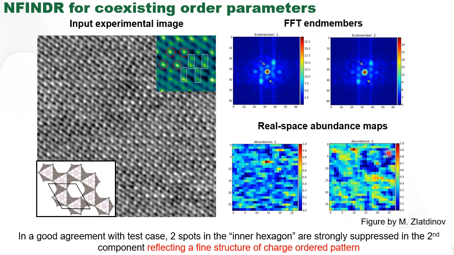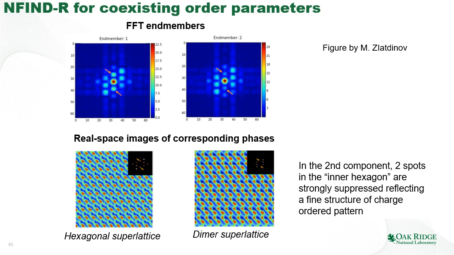And we can create the real space abundance maps, which now tell us the spatial regions in which the certain order parameters are concentrated. And in fact, we can do the inverse Fourier transform and find out what the structural representation of these order parameters is. So it turns out that one of them is actually a hexagonal superlattice, and another is the dimer superlattice, and that fully comports with the known physics of this material.